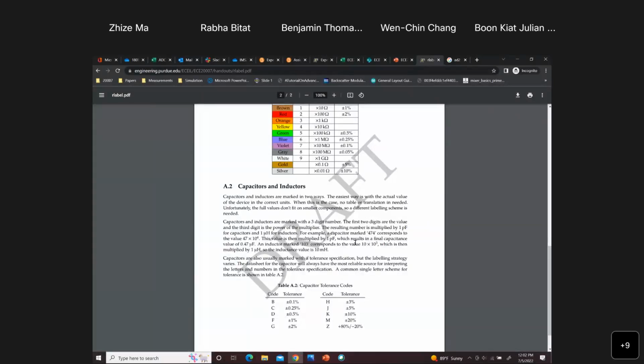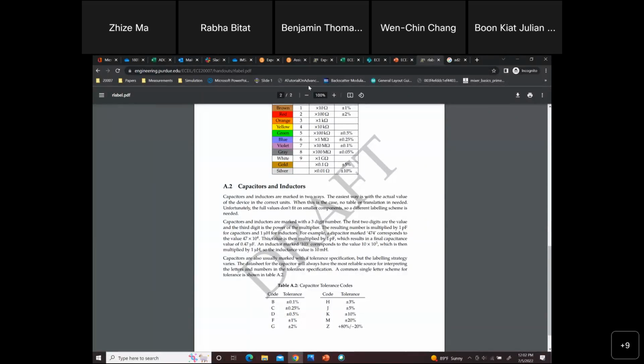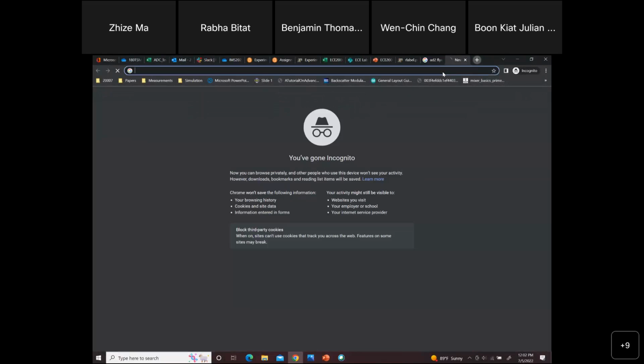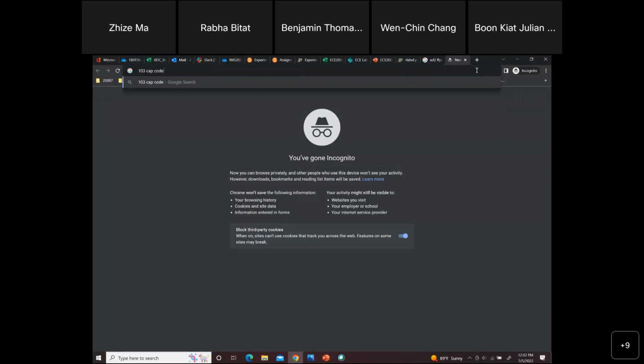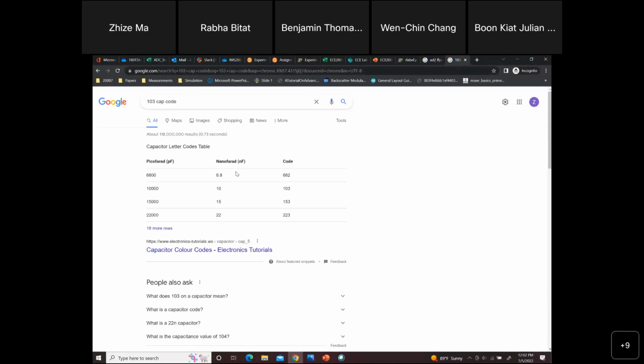You can just use the document I showed before to do the calculation. Another way I usually do is just Google it: 103 cap code. If you see here, 103 is just 10 nano.